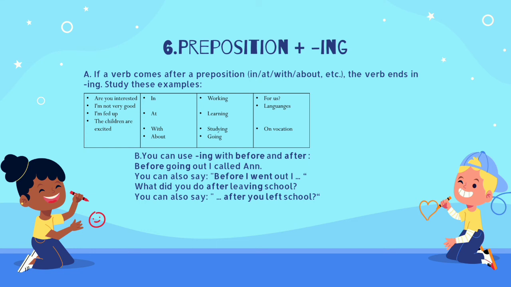B. You can use -ing with before and after. Like, before going out, I called Ann. You can also say, before I went out, I called Ann. What did you do after leaving school? You can also say, after you left school.